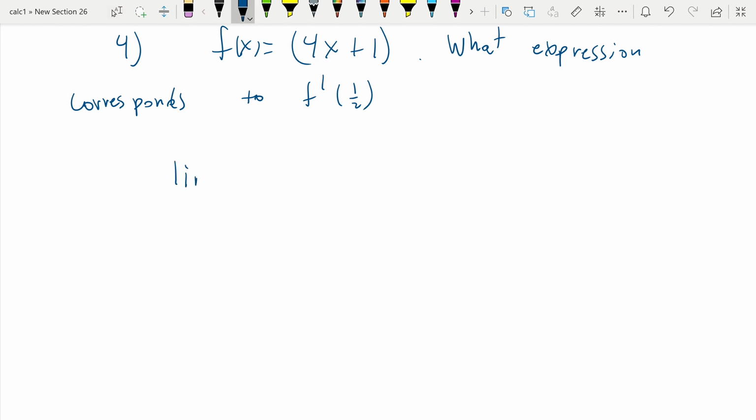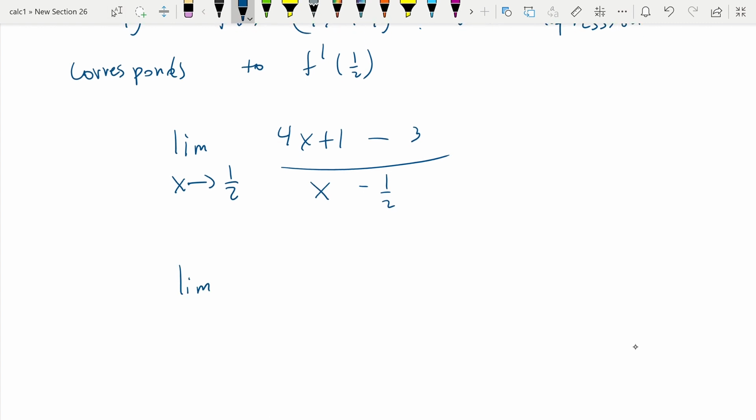So the first one is the limit as x approaches 1 over 2 of 4x plus 1 minus 3 over x minus 1 over 2.